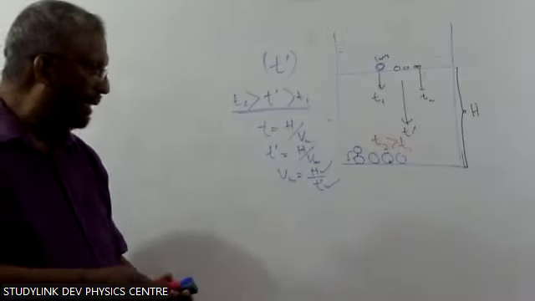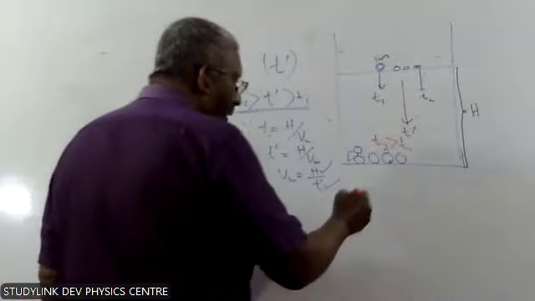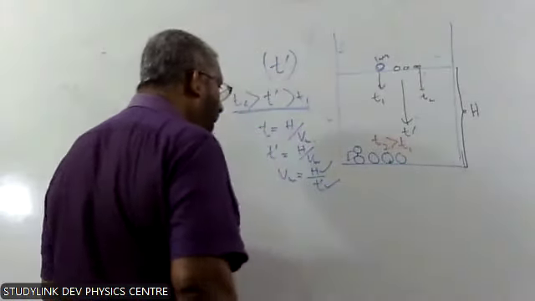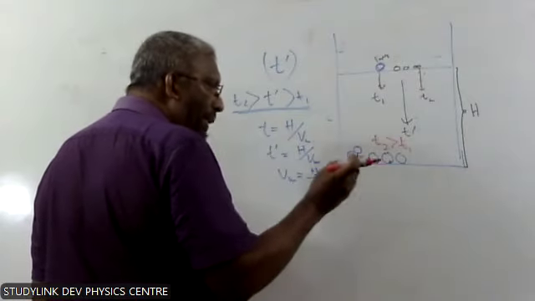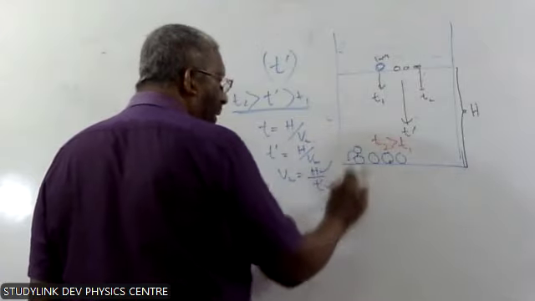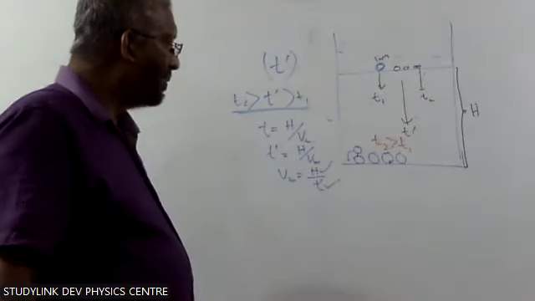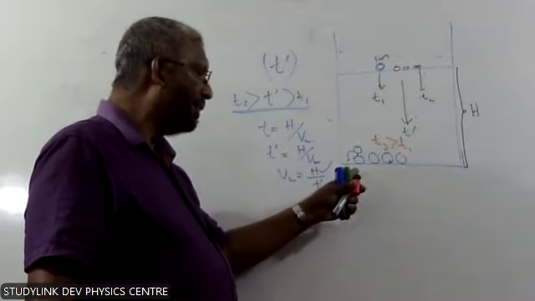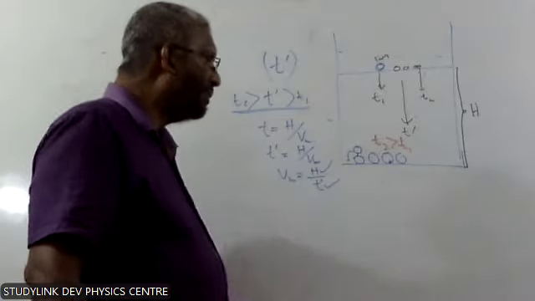Then we can find the radius of the particle which settles at the bottom at that time.